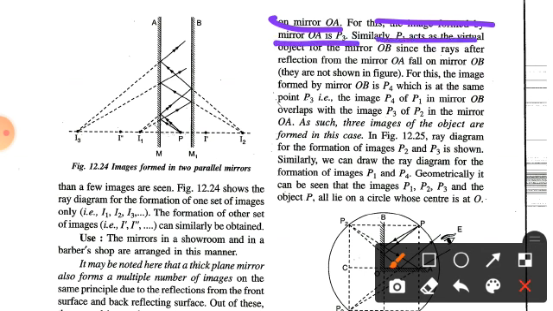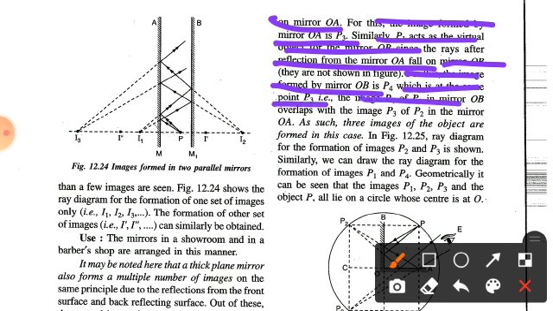Similarly, P1 acts as the virtual object for the mirror OB, since the rays after reflection from the mirror OA fall on the mirror OB. They are not shown in the figure. The image formed by the mirror OB is P4, which is the same point as P3, that is, the image P4 of P1 in mirror OB overlaps with the image P3 of P2 in the mirror OA. So as such, three images of the object are formed in this case.